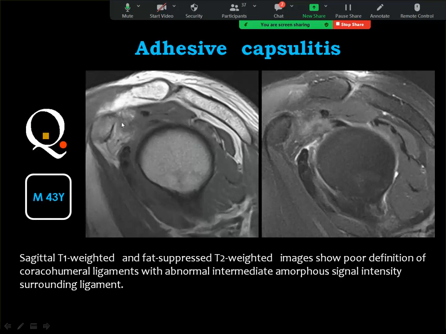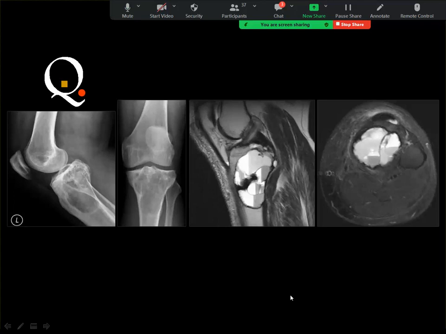You should look for the integrity of the coracohumeral ligament, and you should look for the clear fat plane in the rotator interval. Next case is an X-ray and MRI of the knee joint.